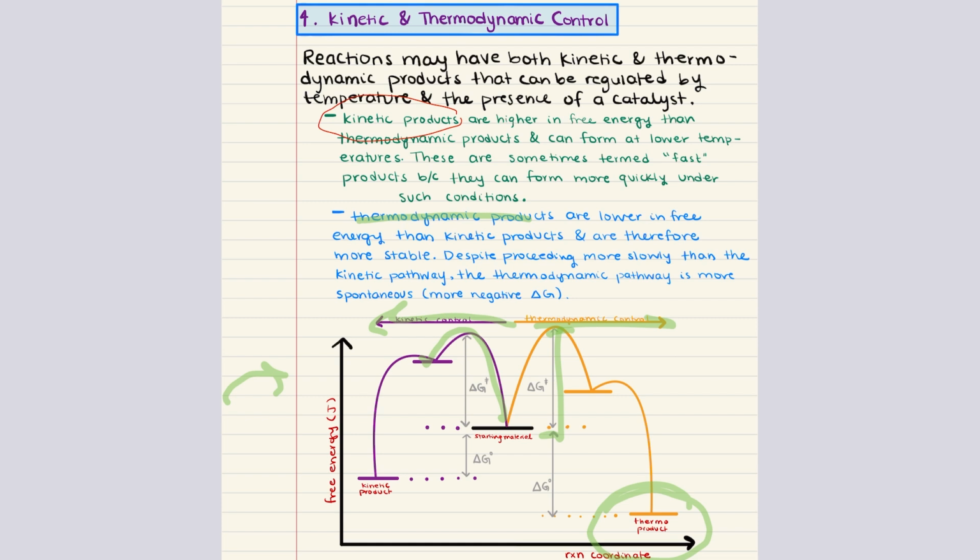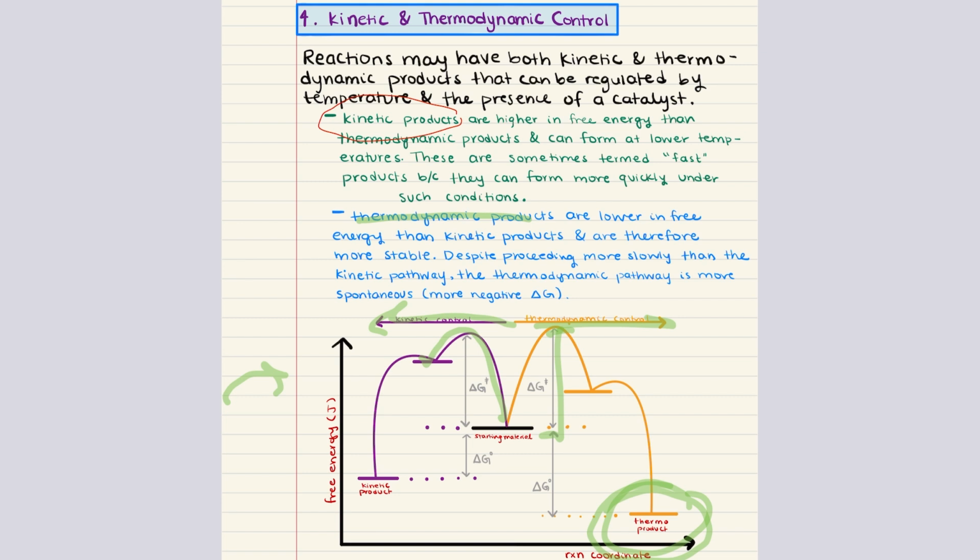On the other hand, the thermodynamic pathway is associated with the product that exists at the lowest overall energy, despite potentially having a higher activation energy peak on the diagram. This is the thermodynamic product, which is more stable.